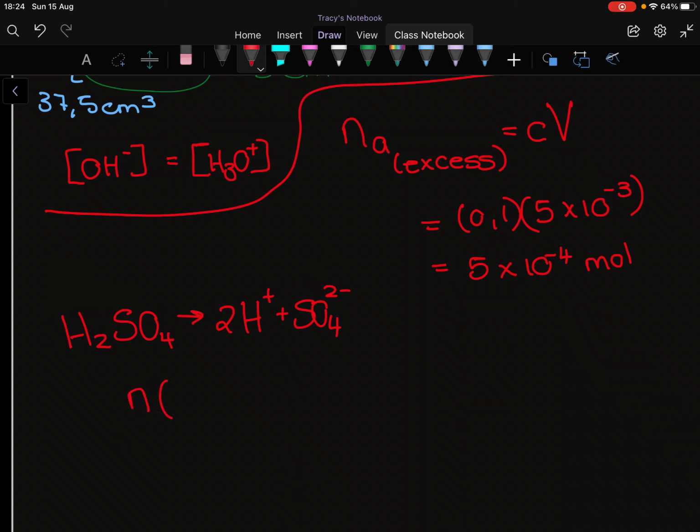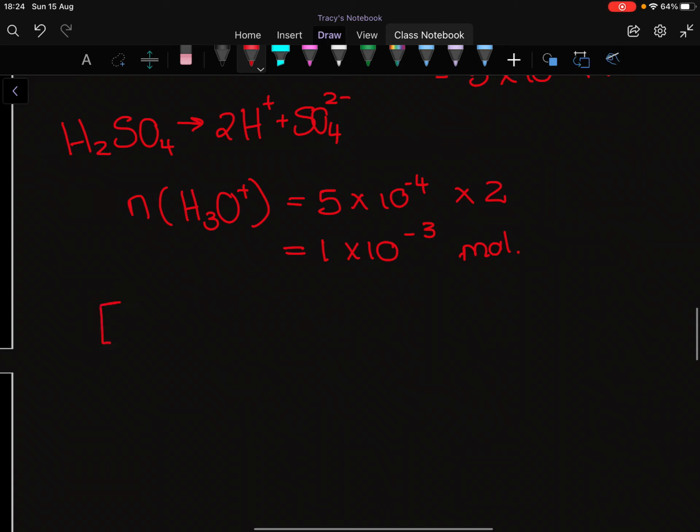That means the number of moles of H3O plus ions that I'm going to get is going to be 5 times 10 to the minus 4 times 2. Twice as many. Okay? Hopefully you're still following me. So this gives me 1 times 10 to the minus 3. Okay? 1 times 10 to the minus 3. Hopefully you're all with me. And you might need to think about that a little bit. Why am I finding this? Because I now can work out the concentration.